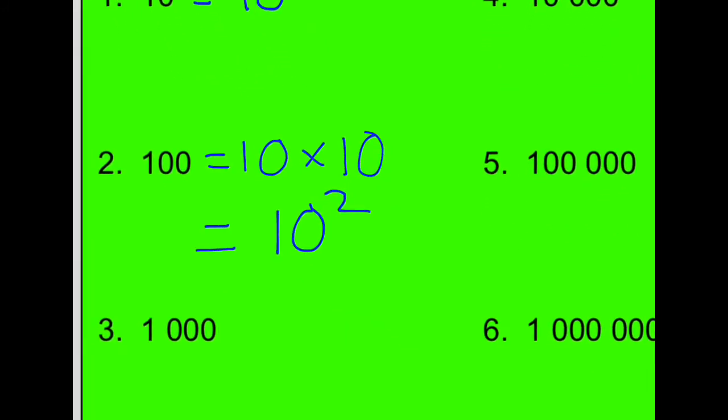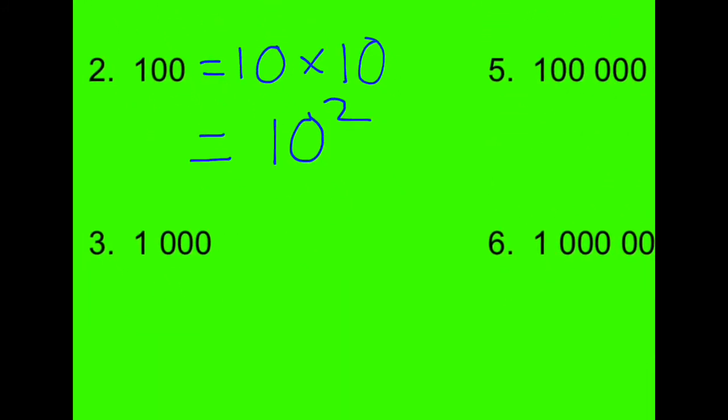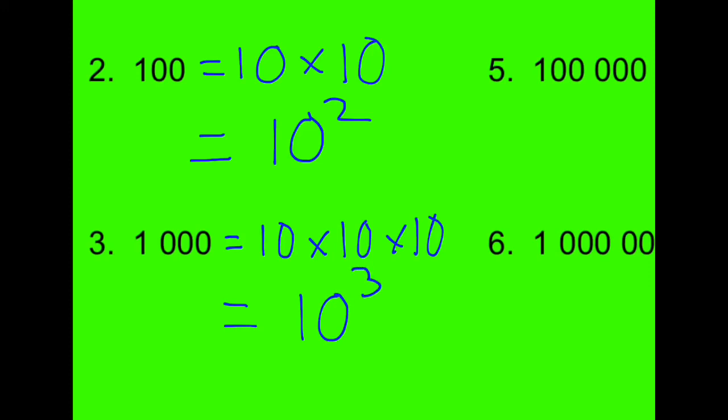Now let's use the same idea in number 3. I can write 1,000 as 10 times 10 times 10. And look at the mental math here. All I'm doing is writing a 1, and since I have 3 zeros, that makes 1,000. Now, if I'm writing this as a power or an exponent, that's going to be equal to 10, and since I have 3 tens there, to the power of 3.